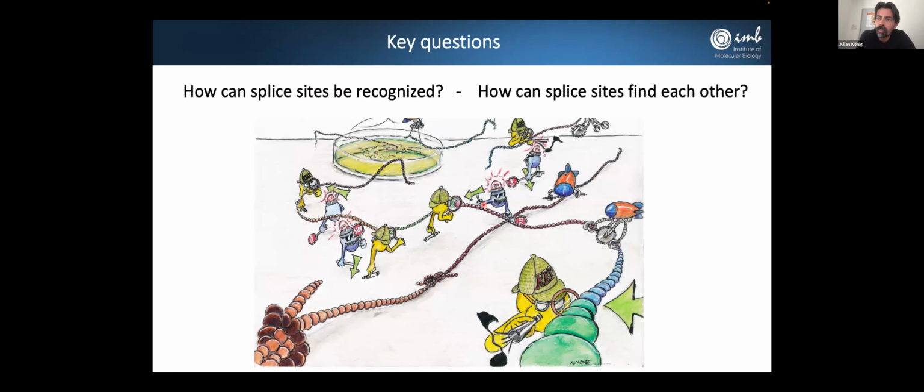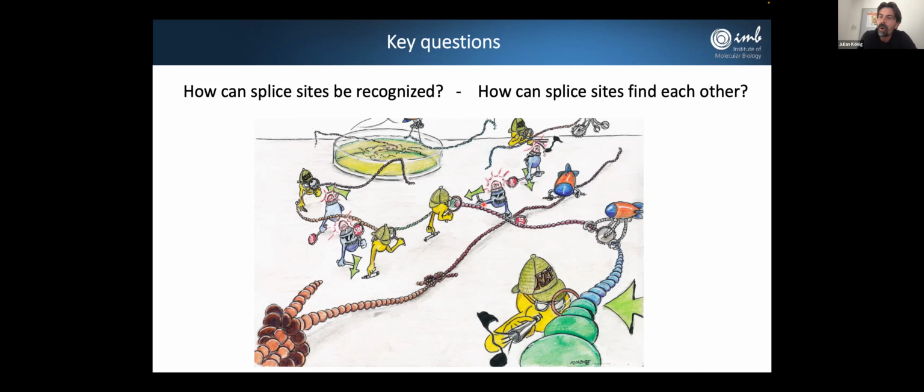So two major questions that we have been addressing in the past years is to try to understand more how splice sites can be recognized in this huge sequence space of the pre-mRNA. Pre-mRNAs are tens or hundreds of thousands of nucleotides long, and splicing has to occur at very defined positions.